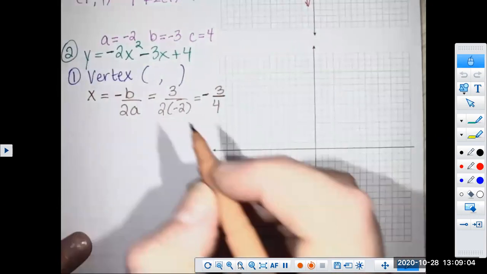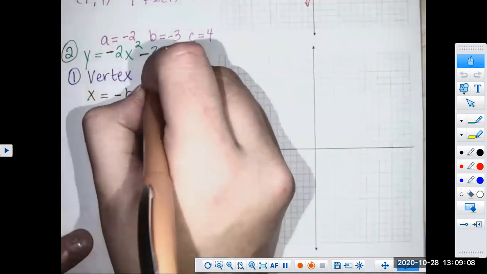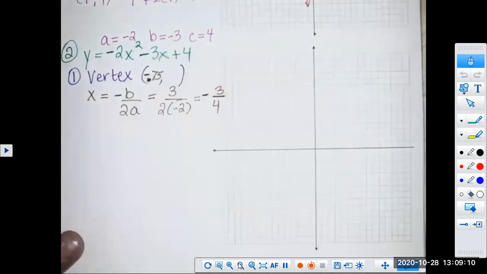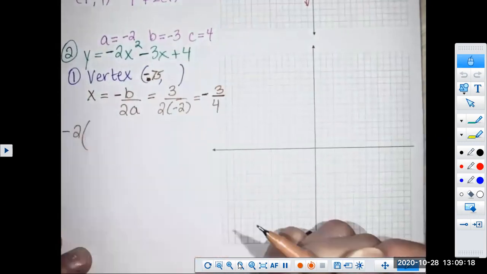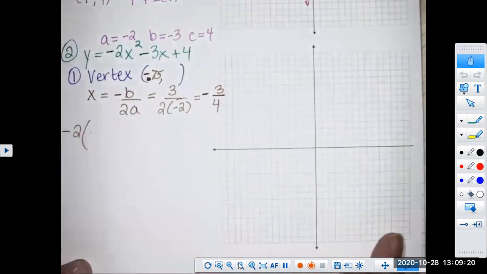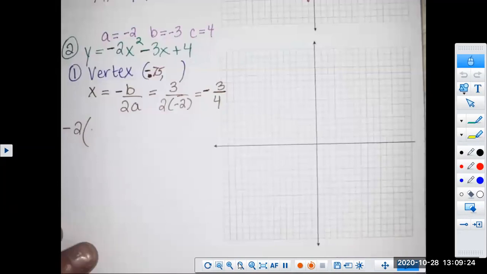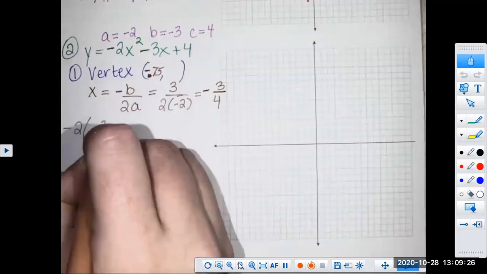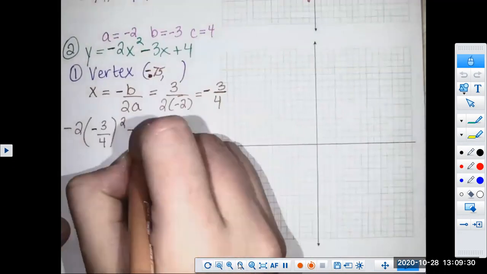So our x coordinate is negative 0.75. And then let's go through and plug in. If you want to plug in the decimal equivalent of it using your calculator, you can. I'll just work with the fractions because we love fractions so much.